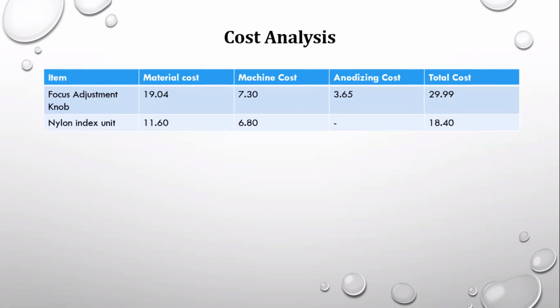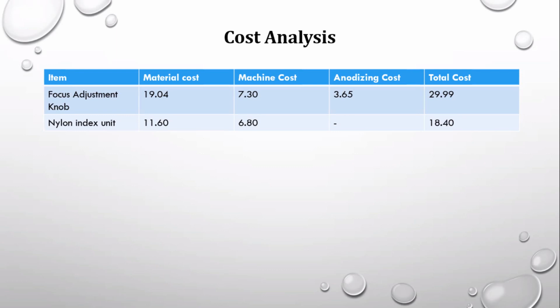And then for that, we do a detailed cost analysis. Okay, at current, as per the material cost, 19.04, machine cost 7.3, anodizing cost, and thereby the total cost comes to 29.9.